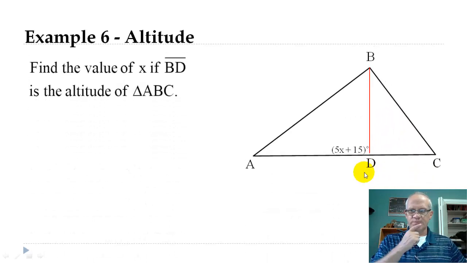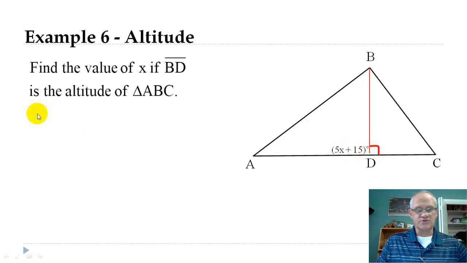All right, let's look at an example. This is the standard kind where the altitude's inside. And remember, the whole thing on this one is what? That the altitude makes 90 degrees. So you know that has to be 90 degrees, and this angle over here also has to be 90 degrees, right? So that means 5x plus 15 has to equal 90.